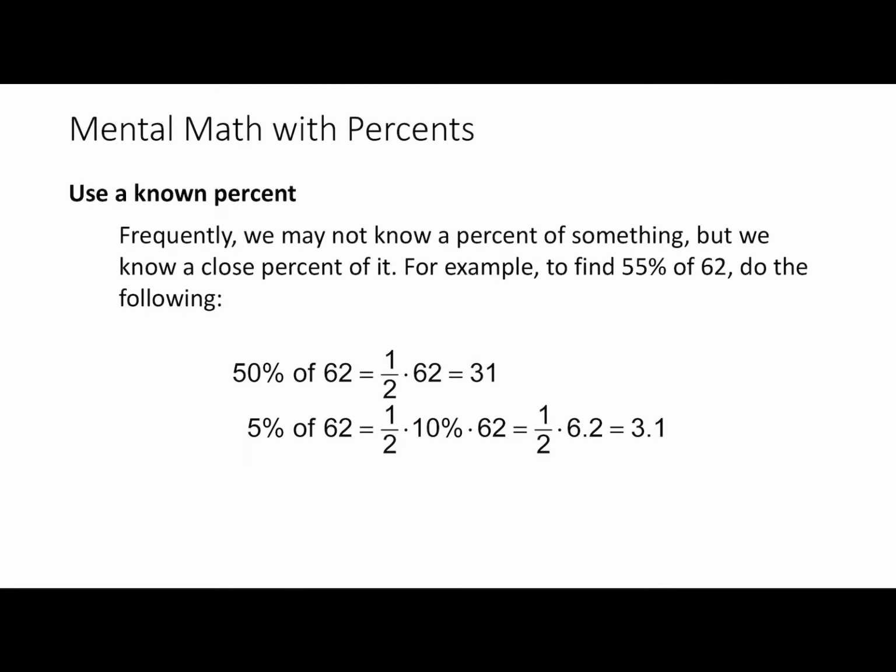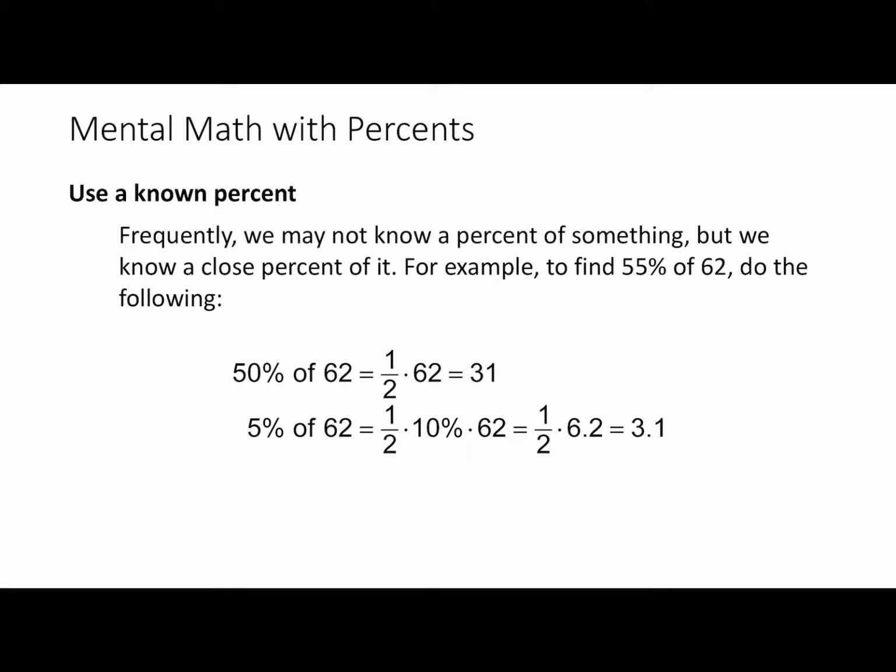So, for example, to find 55% of 62, it might be easier to first find 50% of 62 in your head, and then 5% of 62, and then add those together. So the process you should think about is 50% is half. So I want half of 62. That's not too bad to do in your head.